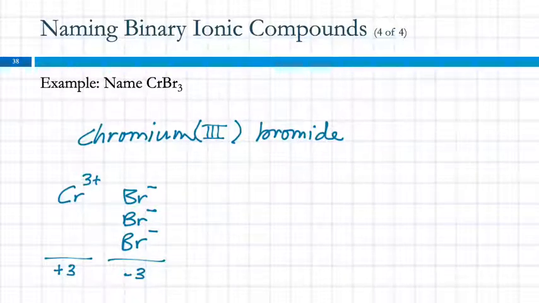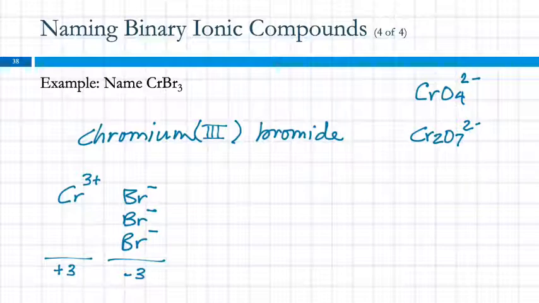There are some exceptions like dichromate. Because chromate is CrO4 2-, and dichromate is Cr2O7 2-. I'm not sure exactly why they chose to name it that way, but they did, and we just have to deal with it. But this is a good question.